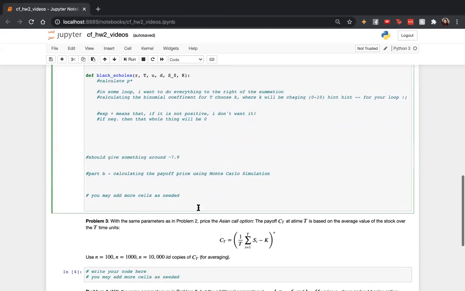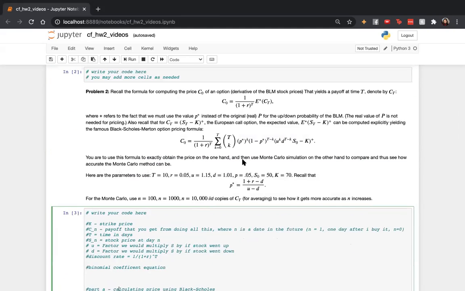So the second part says, and we're just going to reread it again, then use a Monte Carlo simulation on the other hand to compare and see how accurate the Monte Carlo method can be. So what that means is that now we somehow have to adjust the Monte Carlo method to work with our equation. And so again, if you haven't already, please watch the problem 1 video. Otherwise, you will be very, very confused.